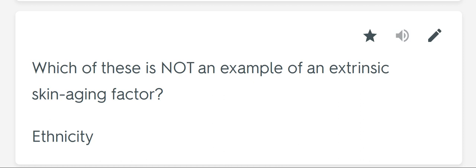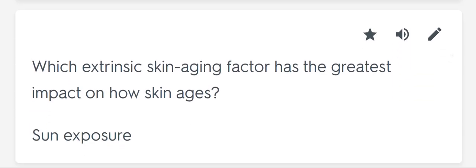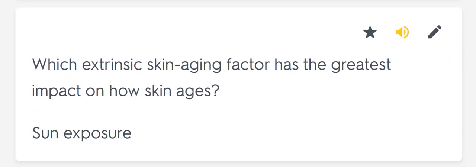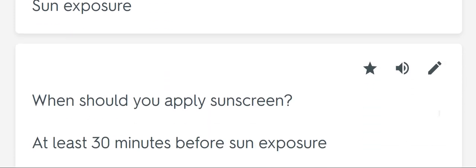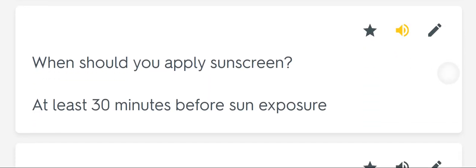Ethnicity. Which extrinsic skin aging factor has the greatest impact on how skin ages? Sun exposure. When should you apply sunscreen? At least 30 minutes before sun exposure.